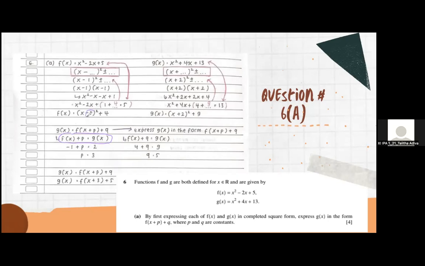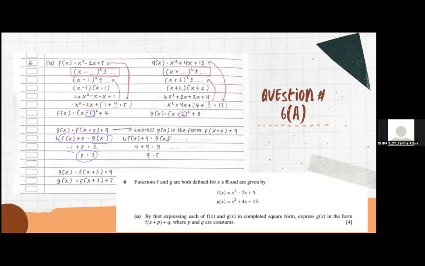We substitute this one from the f of x to here, and this one from the g of x to this section, and we get p equals to 3.